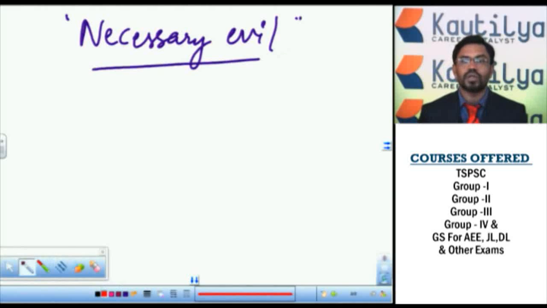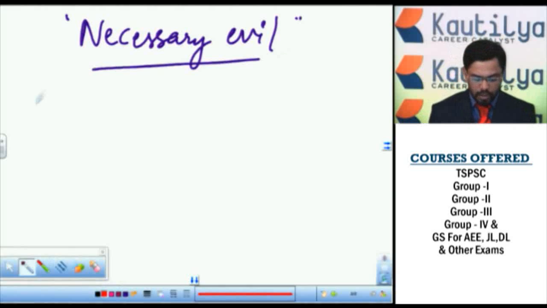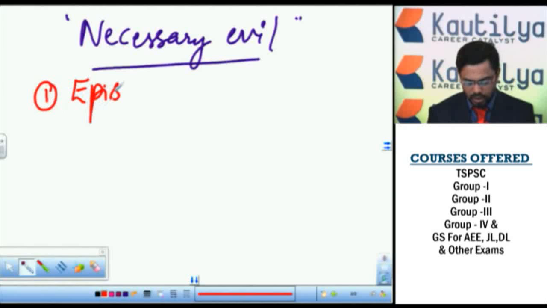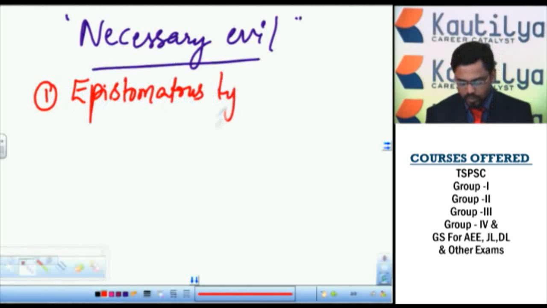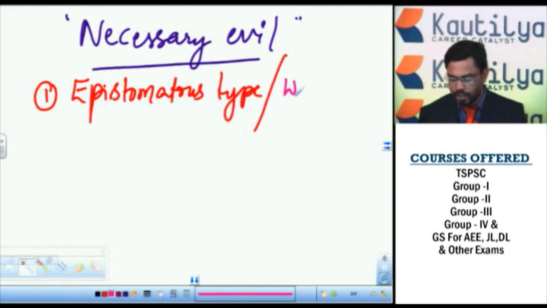Based on the position of the stomata, they may be of different types. They may be epistomatous type. This epistomatous type of stomata is also called water lily type.